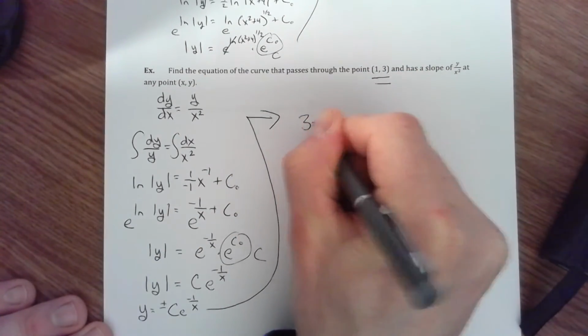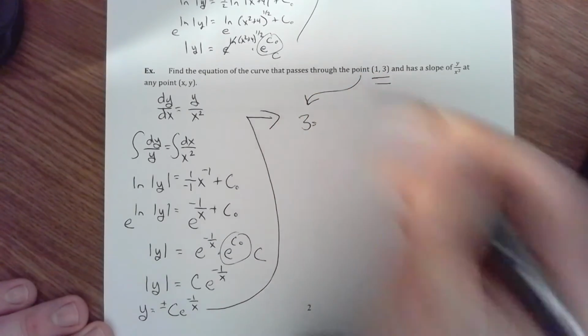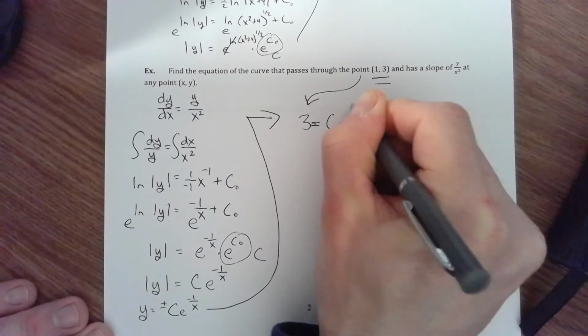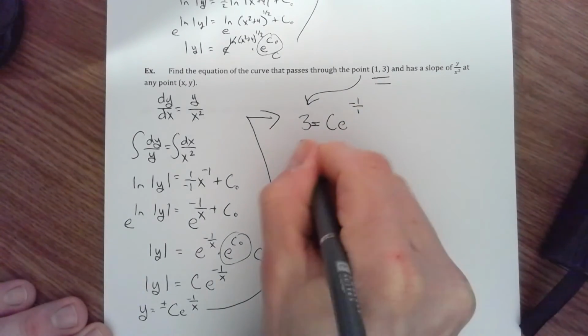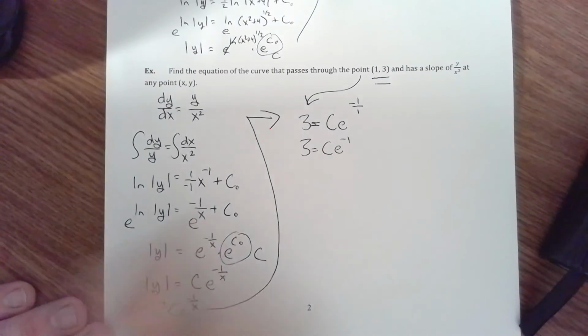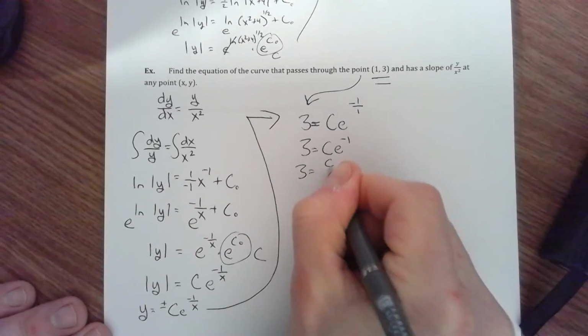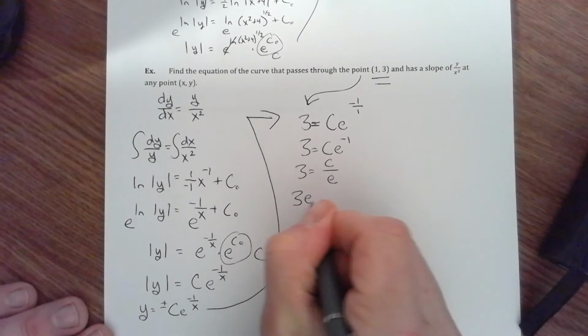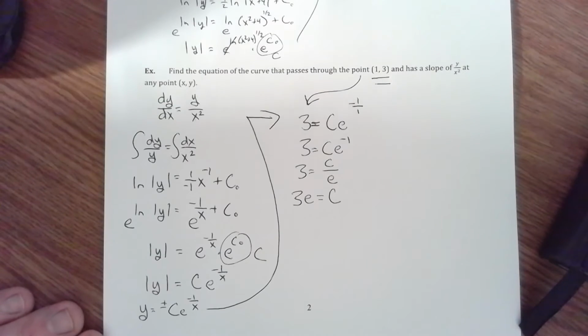So 3 is equal to c e to the negative 1 over 1. So 3 is equal to c e to the negative 1. Well, 3 is equal to c over e, because e to the negative 1 is the same as 1 over e. If we multiply both sides by e, which is just a constant, we get our constant to be 3e.